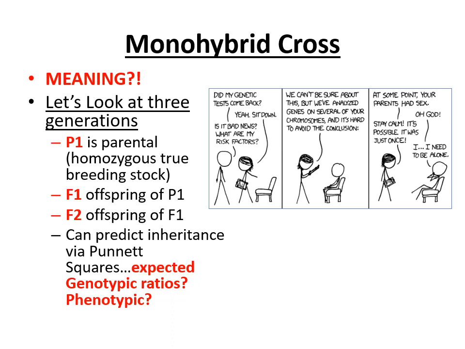Now, when we talk about crosses, there's some terminology I want to remind you of and for you to know. When you see P1, that is the parental group or the parental generation. It will usually be homozygous true breeding stock, for, let's say, the monohybrid that you'll set up in a laboratory. Then you have F1, which is the filial one.